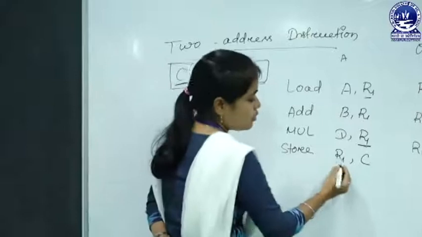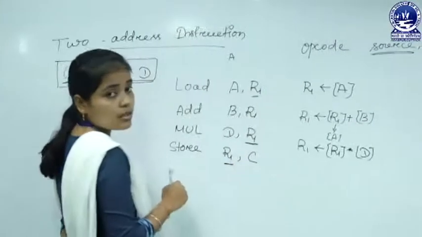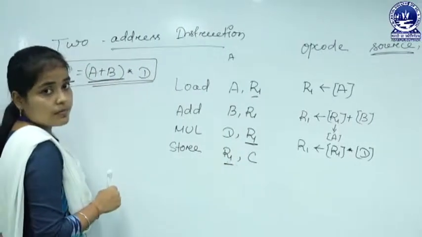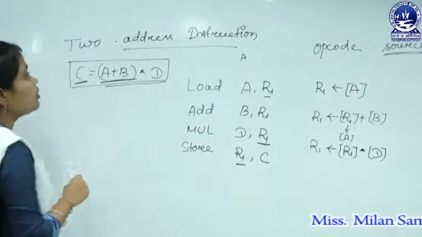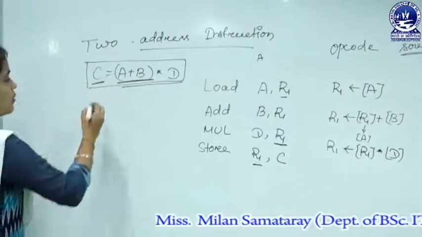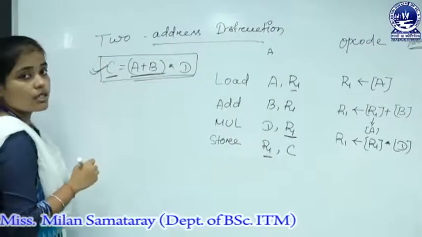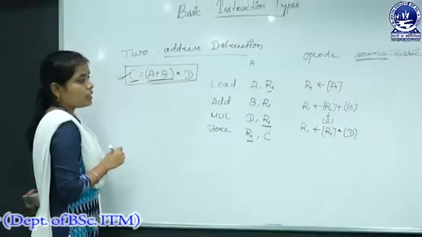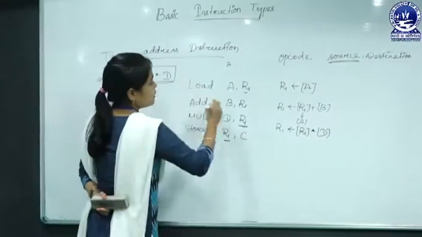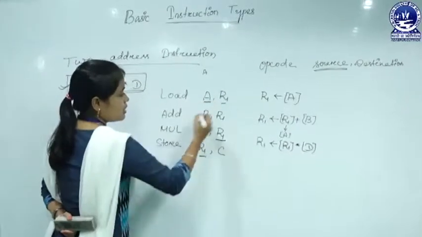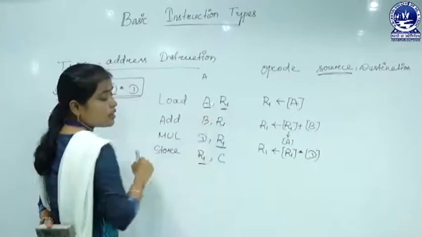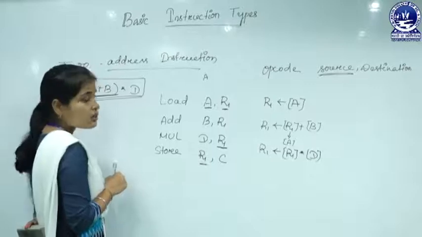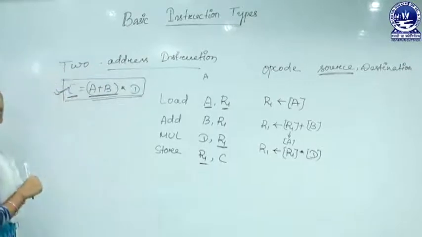So, this is the two address instruction format for C equals A plus B into D. Two address instruction format means one operand is a memory operand and the other operand is a register. That is why it is called two address instruction.